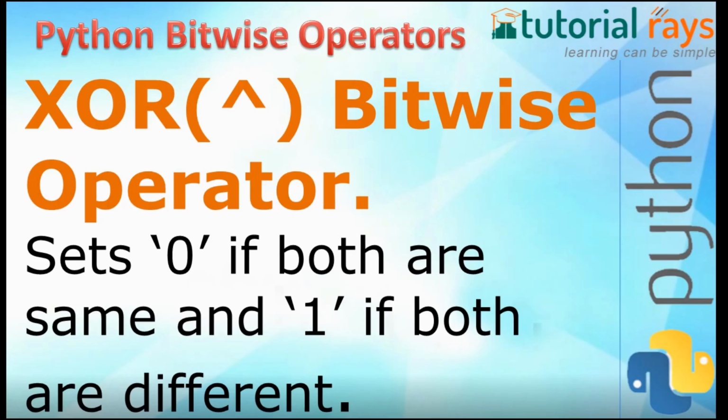Now let's see the XOR operator. What happens is this: it sets 0 if both are the same and 1 if both are different.